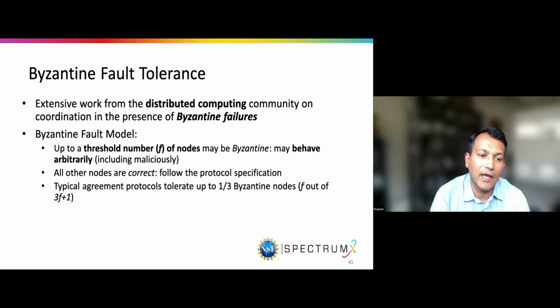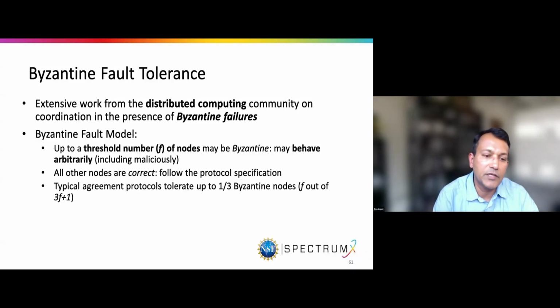And the idea here is that up to a certain number of nodes that are part of this spectrum sharing infrastructure might behave arbitrarily. So that's why we call it Byzantine. And there's a threshold number for this, which is F. And in general, without going into all the nitty-gritty details, as long as the rest of the nodes are doing the right thing and they're following the protocol specifications correctly, it is possible to tolerate F Byzantine behaviors out of 3F plus 1 nodes. This is the general high-level idea.